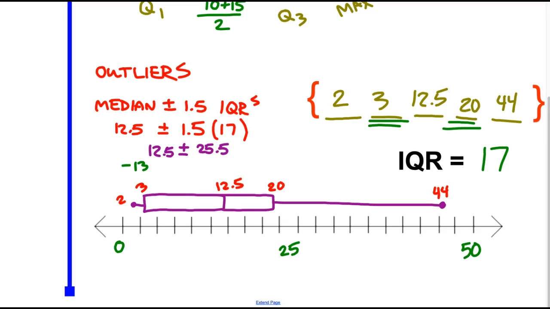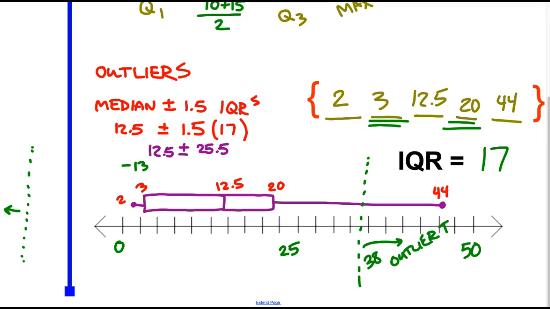That's way over here, and I definitely don't have any points to the left of that, so I'm good there. My other one is 38, somewhere in here, and any element past 38 would be considered an outlier.